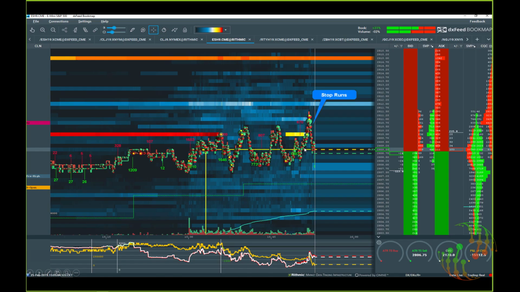It's not so important like a sweep, but stop runs are only maybe 2, maximum 3 points, 2 points on average. Maybe you want to understand what is happening, and when it happens at such areas, like this one, you will categorize this move as a stop run.